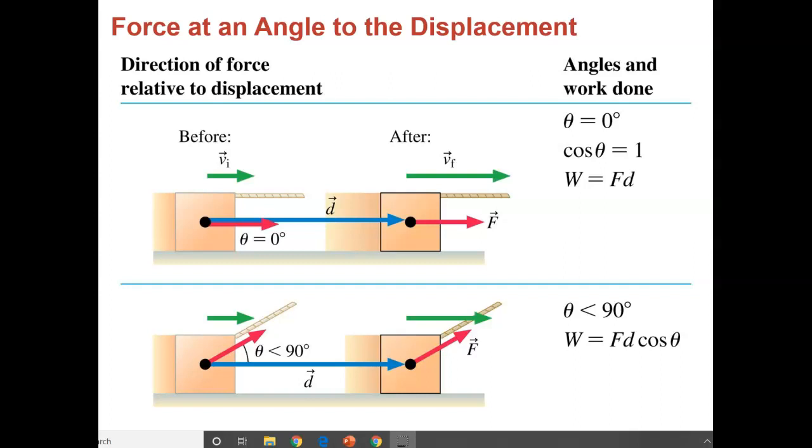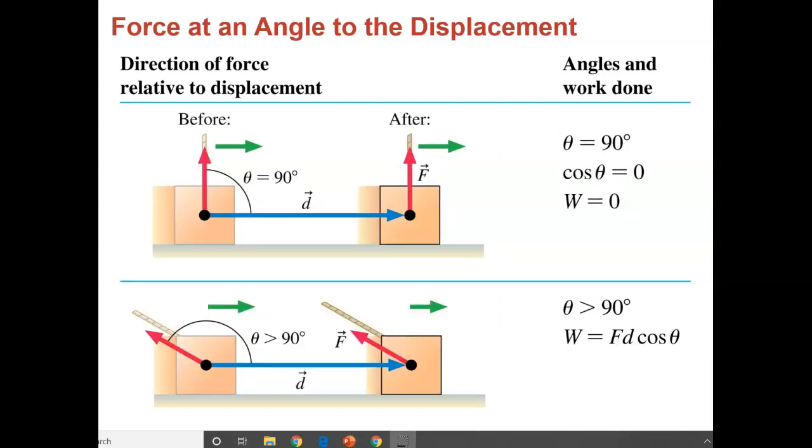Okay, so again, we have this situation. For horizontal forces, work is just force times distance because you have no angle. You increase the angle, work is force times distance times the cosine of theta.